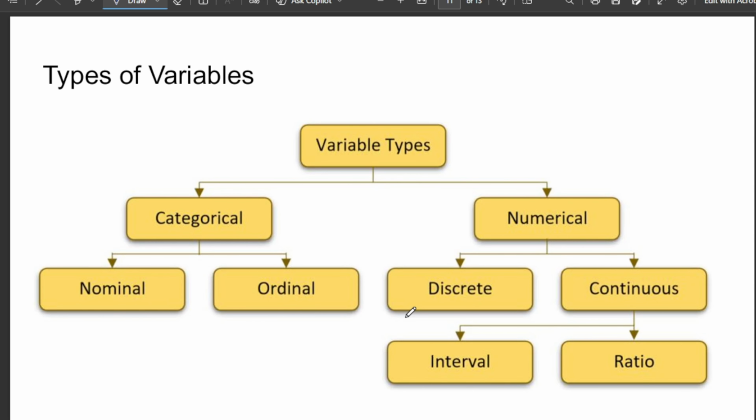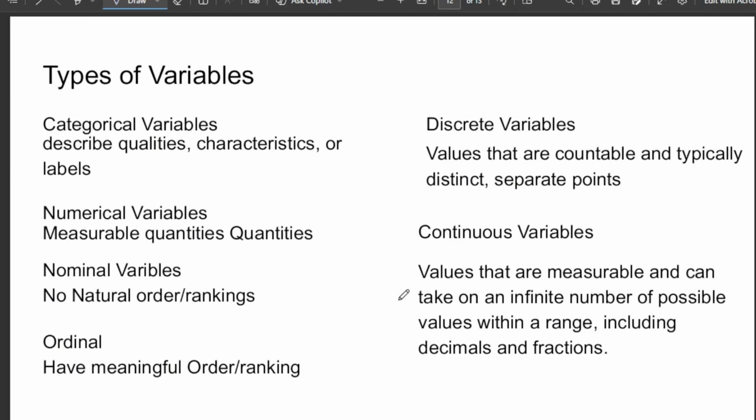Categorical is split into nominal and ordinal, while numerical is split into discrete and continuous, which split into interval and ratio. The categorical or qualitative variables describe qualities, characteristics or labels. For example, blood types like A, B, AB and O.